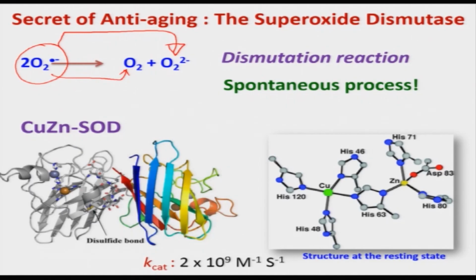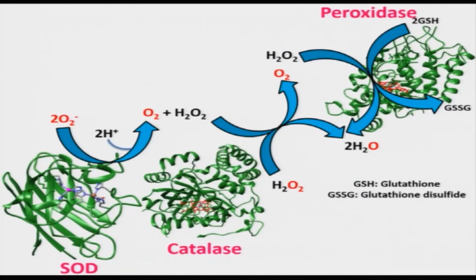Indeed, the peroxide produced in this reaction is also highly poisonous, and nature has designed catalase and peroxidase in such a way that these peroxides convert to water and dioxygen. I will discuss these things in detail.